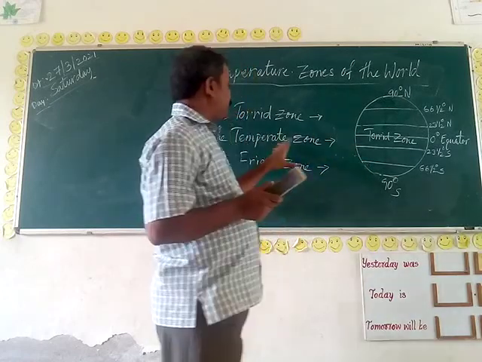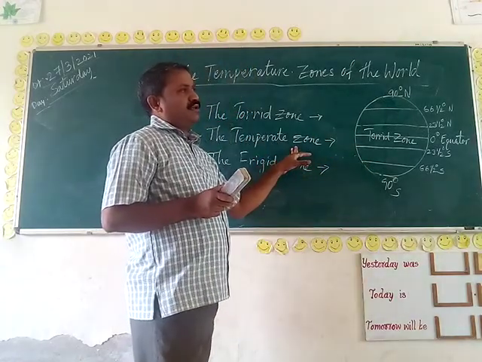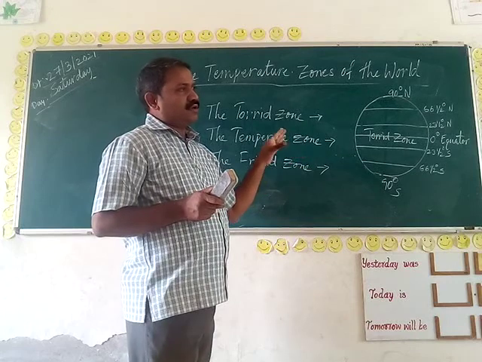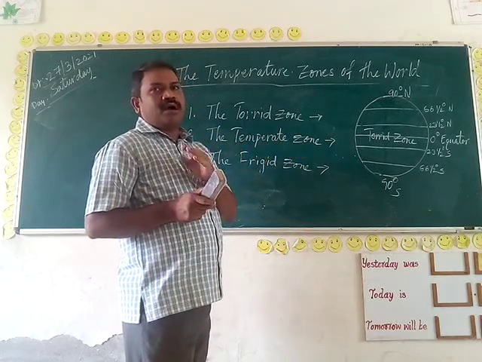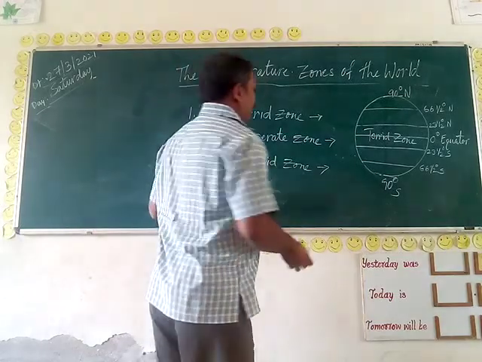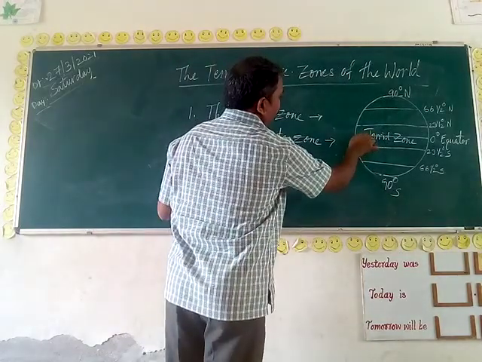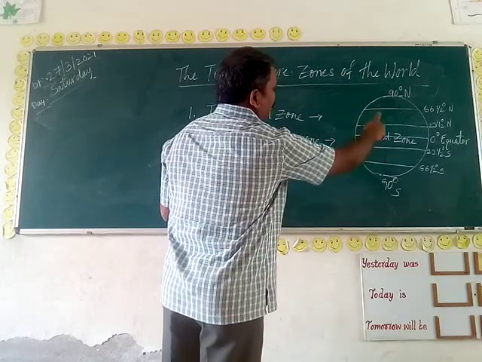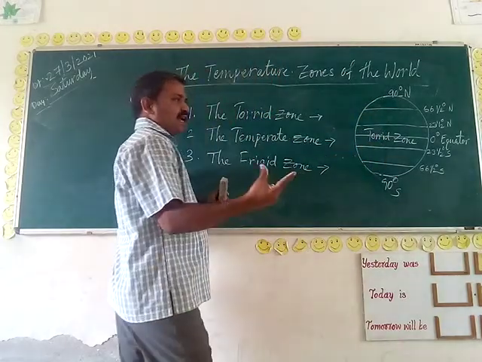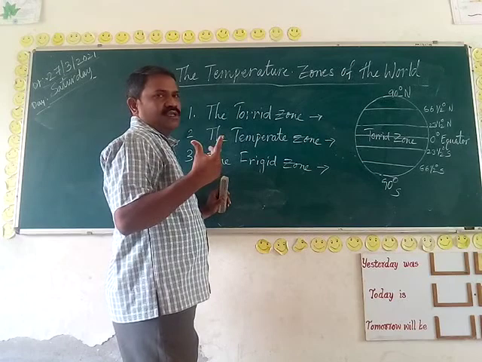In this temperate zone, the climate is neither very cold nor very hot, because they are far from the equator. Here they receive slanting rays of the sun.